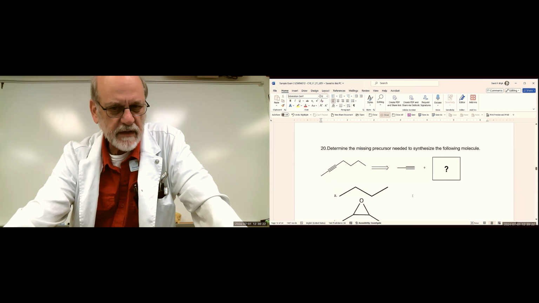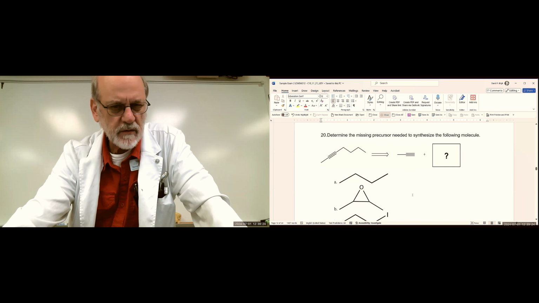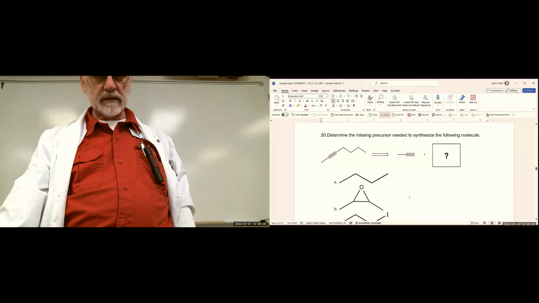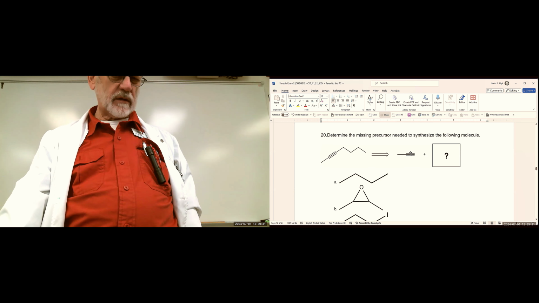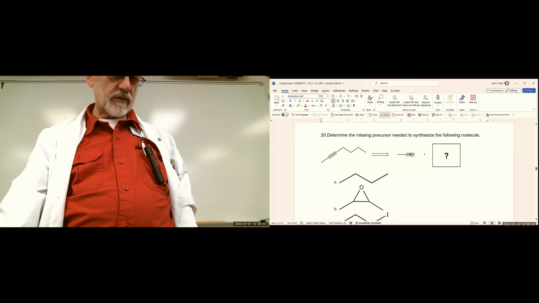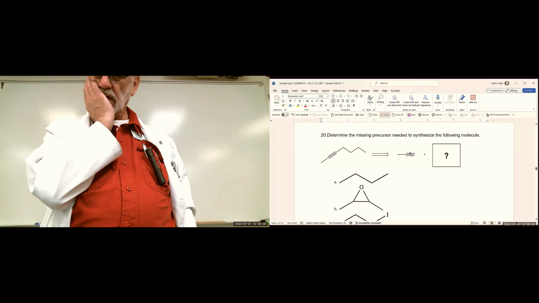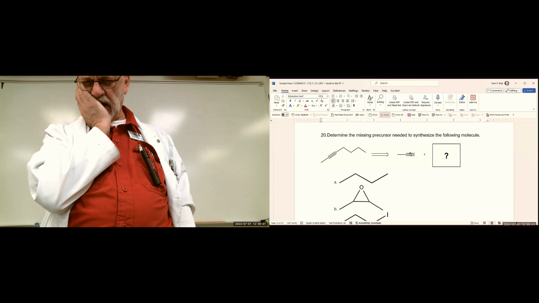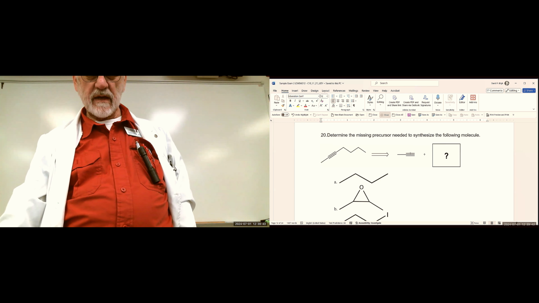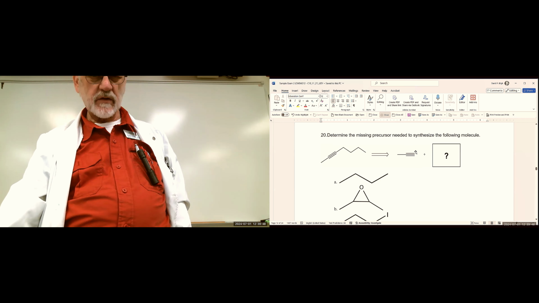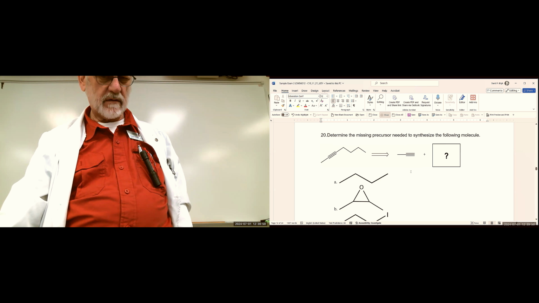Missing precursor needed to synthesize the following molecule. Oh, okay. Well, I'm not so sure that that's the alkanide ion. So that should have a negative, I think.